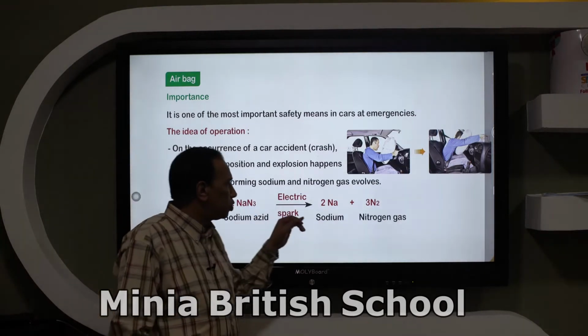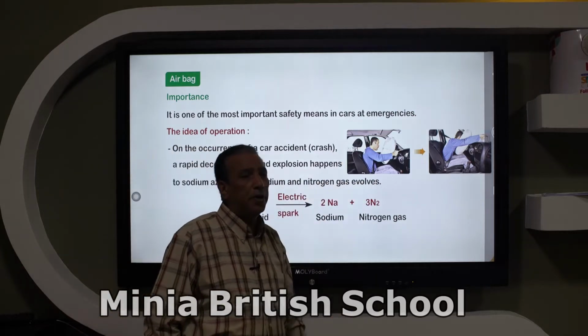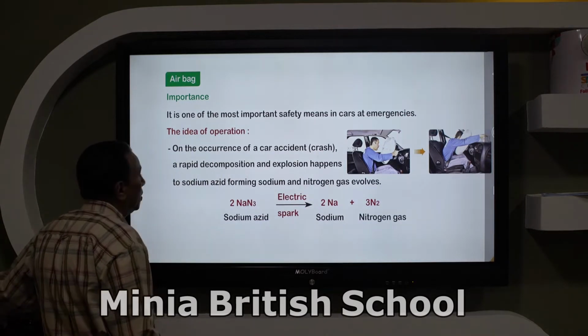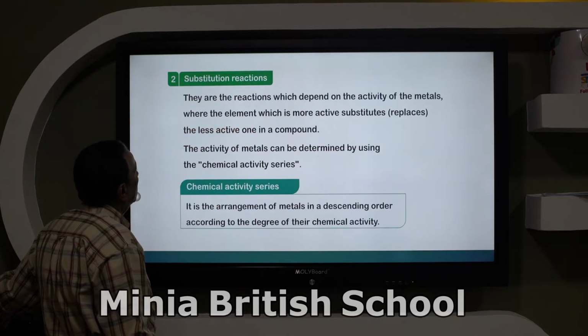It will form directly sodium and nitrogen. Nitrogen gas will fill the airbag to protect the driver from any injury. This is the only one application.